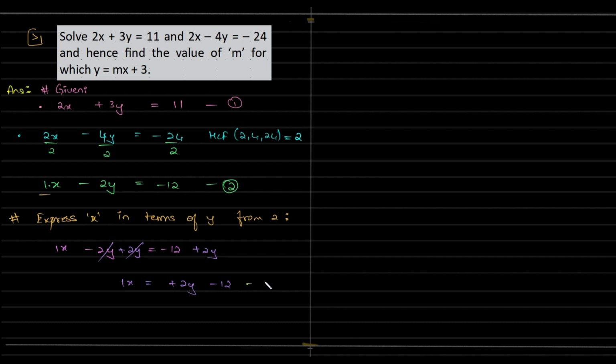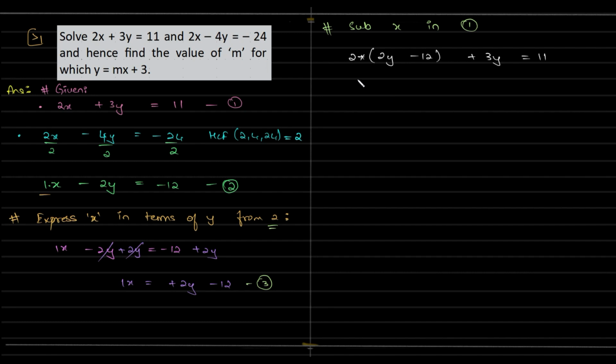Now we can call this equation 3. This way we'll substitute x, not in equation 2, but in equation 1. So here we will observe that it will be 2 times, in place of x, 2y minus 12, plus 3y being equal to 11.